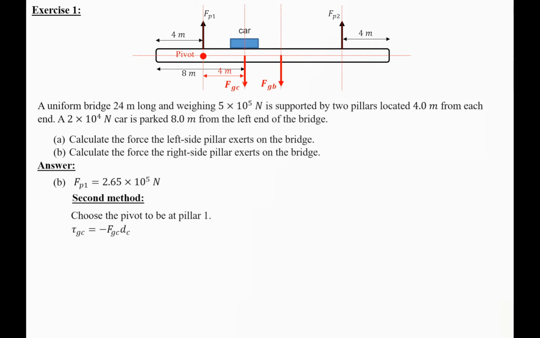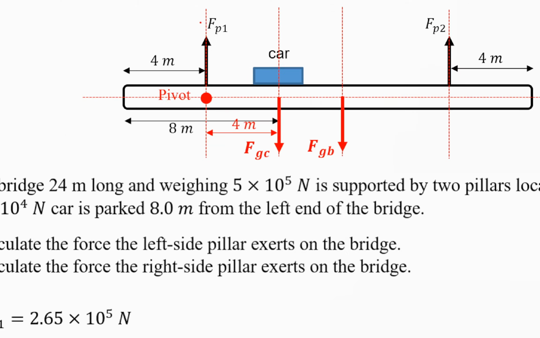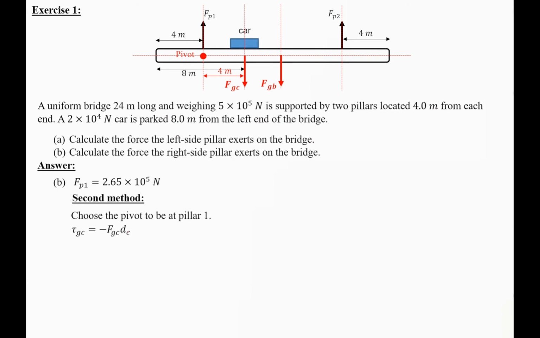The pull of gravity of the car would cause the bridge to rotate in this direction, which means minus, clockwise: FGC DC, and it lies along the tangential direction. Similarly for GB, and as for FP2, it would be in the positive direction and along the tangential direction.